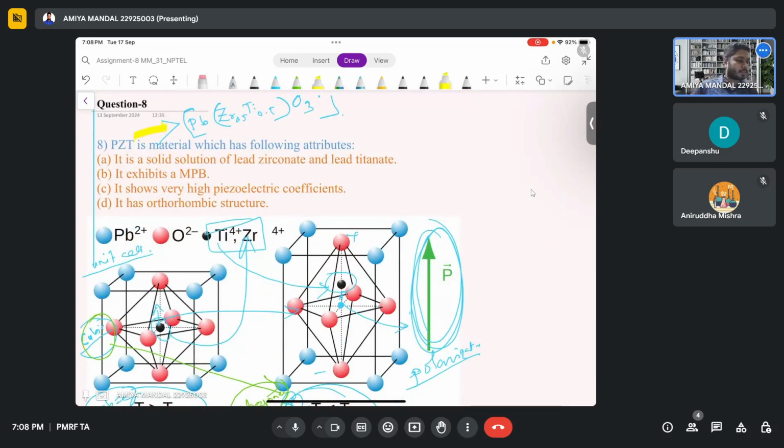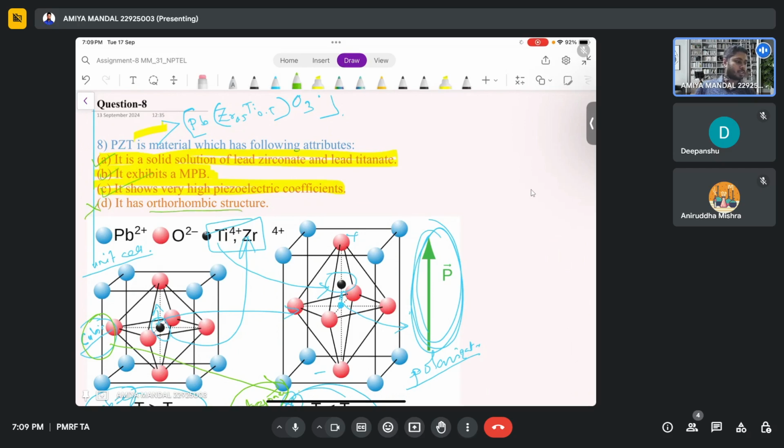The PZT material has the following attributes: it is a solid solution of lead zirconate and lead titanate, it exhibits a morphotropic phase boundary, and it has a high piezoelectric coefficient. So these three options are correct. The fourth option is not correct.